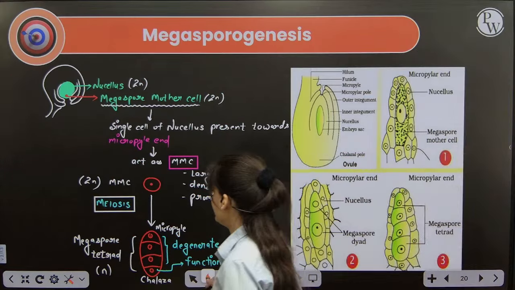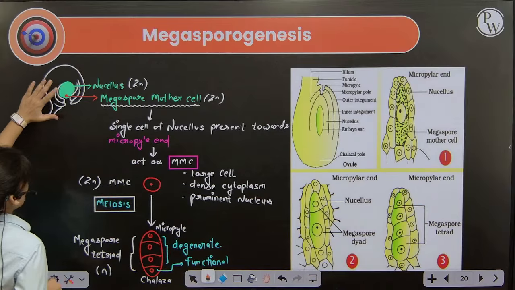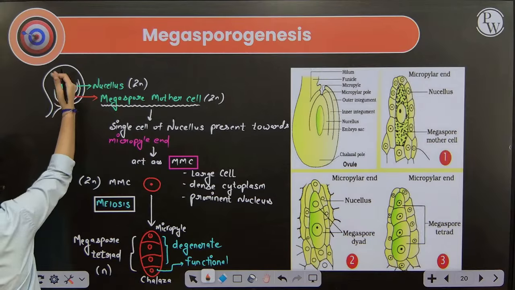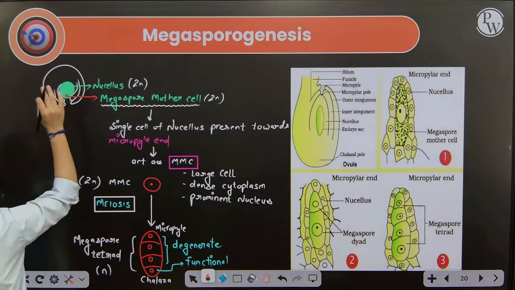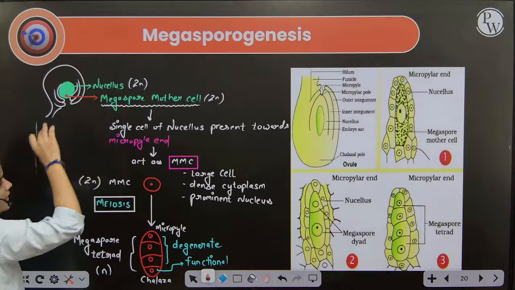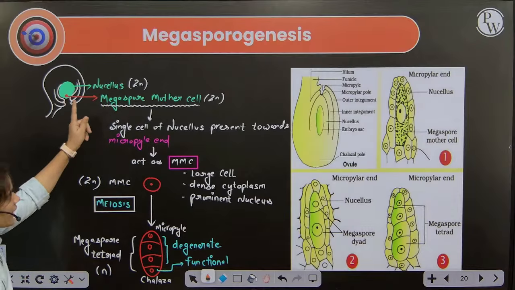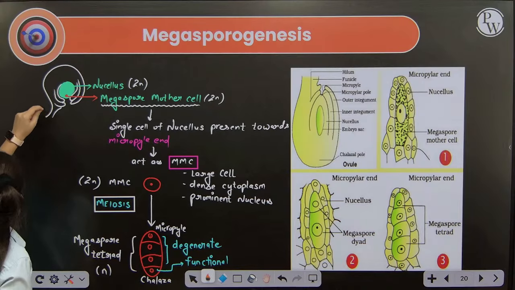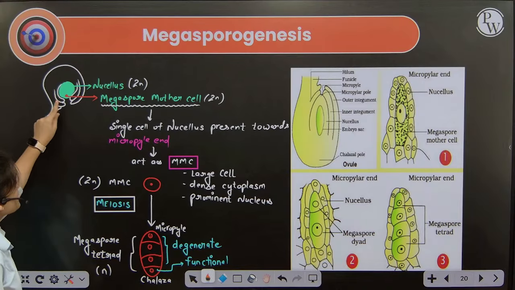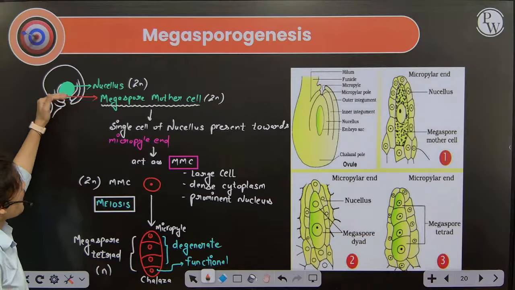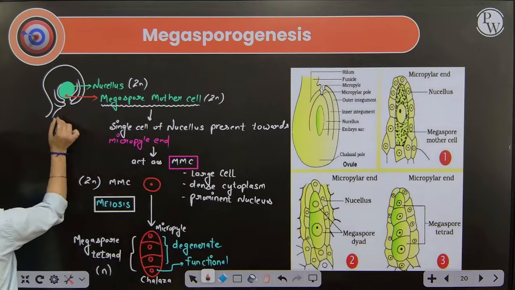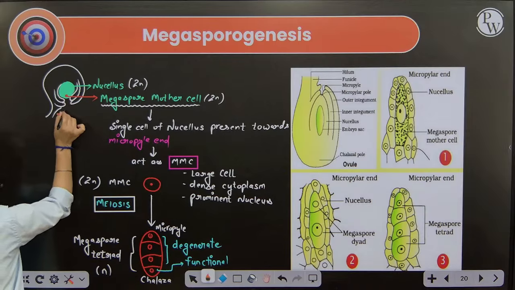Next, this is ovule, funicle, hilum, integuments, micropyle, chalazal, which is a base. Nucellus is 2n. I repeated the same statement that nucellus tissue, one cell of that nucellus, which cell that is present toward micropyle end.